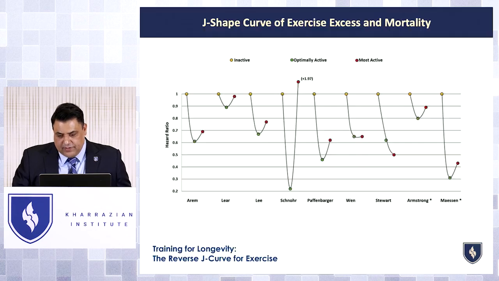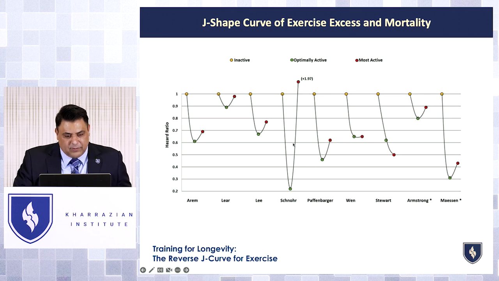But once you get over 10 hours, you can see the J-shaped curves here. There's a point, and these are all different studies that were published, with the names of the researchers on the bottom, and they just see this J-shaped curve where it's beneficial, harmful, beneficial, harmful. This has been repeated in multiple trials.